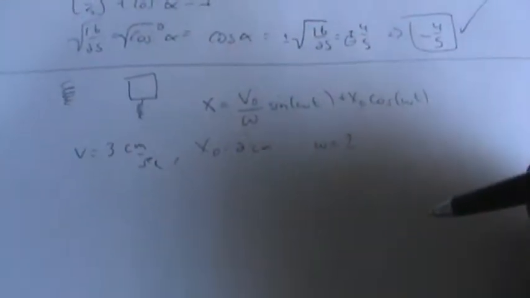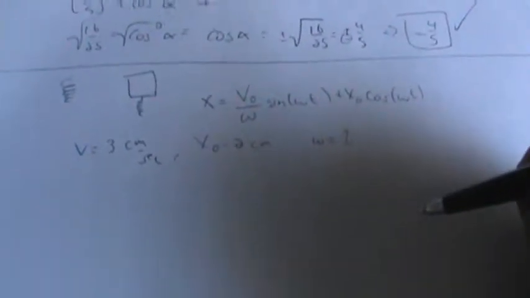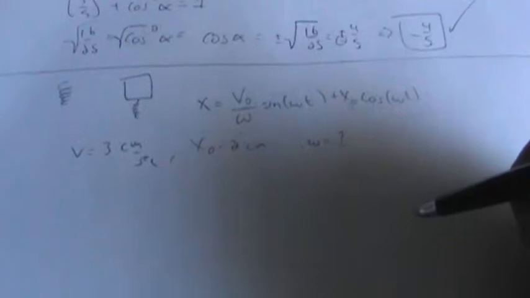In this case, it says to assume that the spring and weight combination, the constant omega, has a value of 1. So you essentially assume omega is just 1. Now they want you to find the location of the weight 2 seconds after the weight is set in motion.